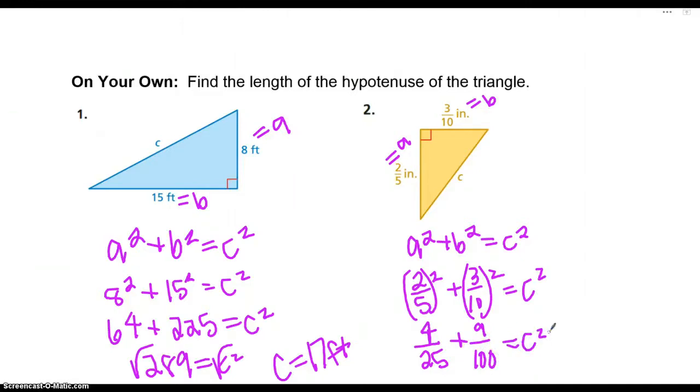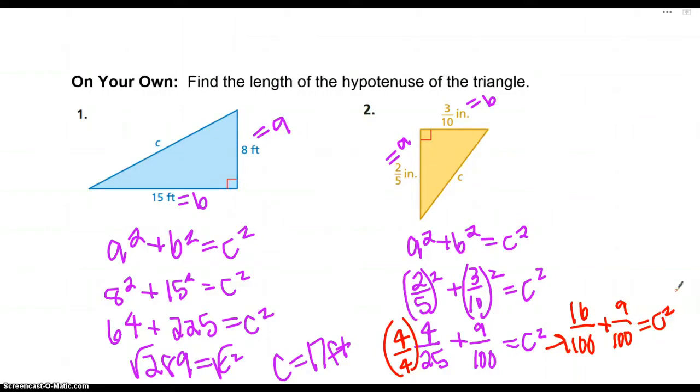Now before I can add these, I have to find a common denominator. So I'm going to multiply this one by 4 to get a common denominator of 100. So this is now 16 over 100. 16 over 100 plus 9 over 100 is equal to C squared.